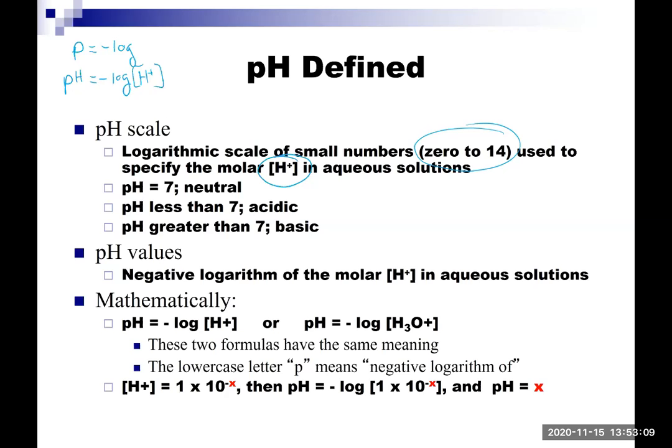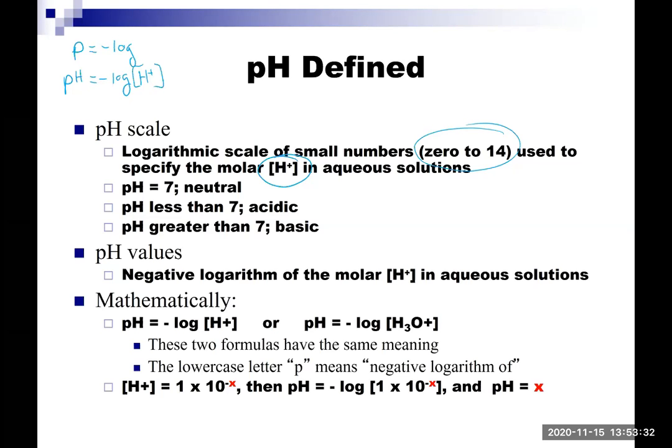So we can have some negative values associated with our acids if they're very, very acidic. But ultimately, on this 0 to 14 scale, neutral is a pH of 7. A pH less than 7 is acidic, and a pH greater than 7 is basic.